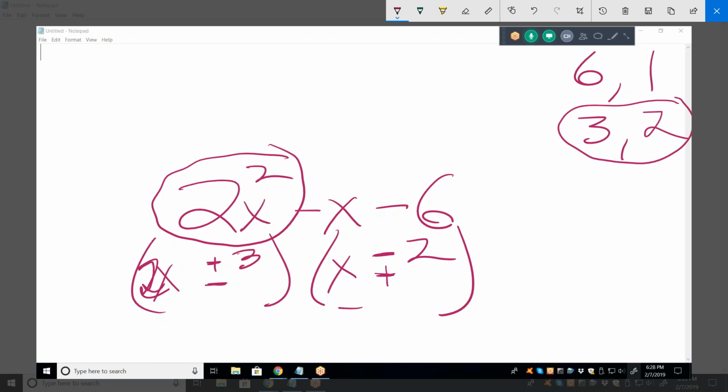I don't have any idea at this point which is going to produce the correct answer. This answer I have, 2x plus 3 times x minus 2, what does that produce as a middle term? That's always the key. That's the I of FOIL. I know it's going to produce 2x squared, and I know it's going to produce minus 6, but does it give me this middle term of minus x? That's the question.